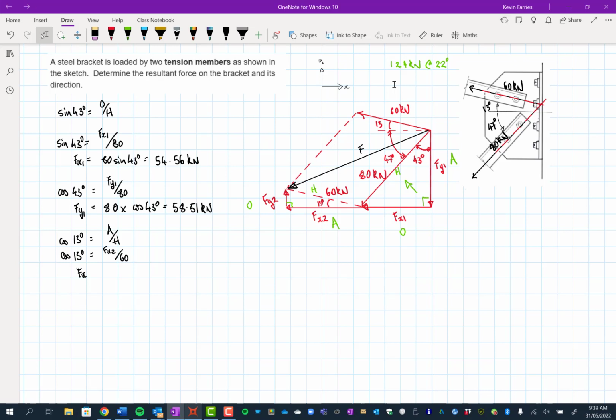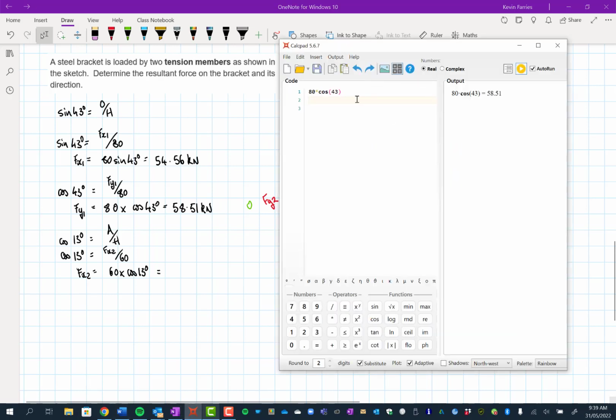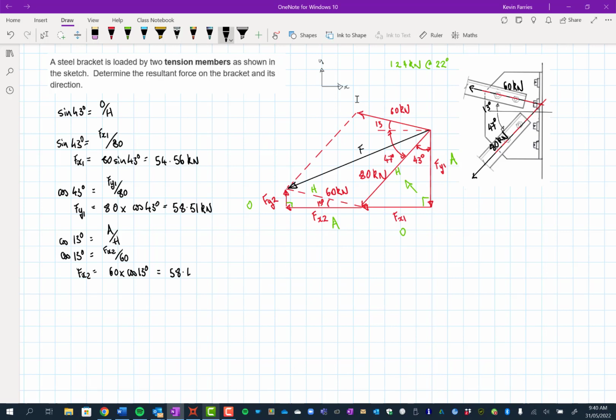So Fx2 is equal to, times both sides by 60, 60 cos 13 degrees, which equals, so 60 times cos 13 degrees, 58.46. Does that look reasonable? Well, on my scale drawing, those two are pretty similar size, so yep, looks reasonable.